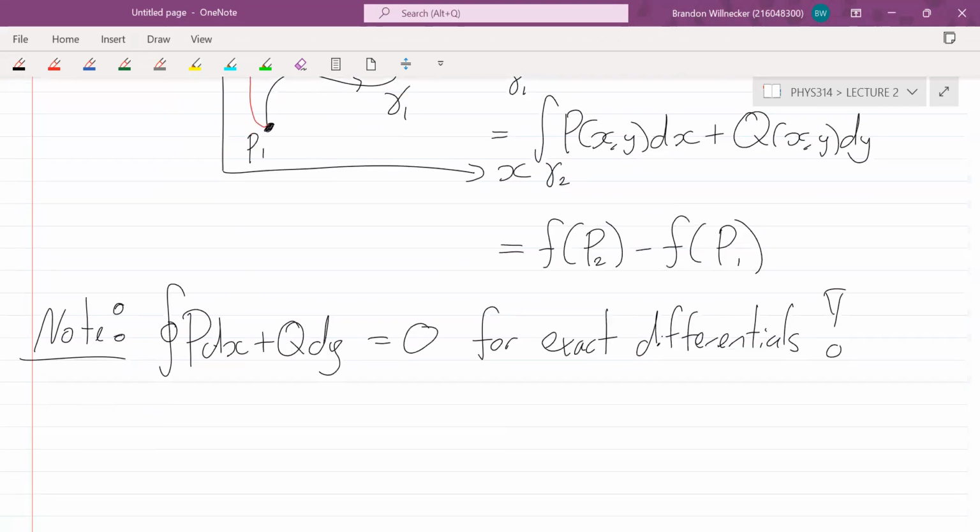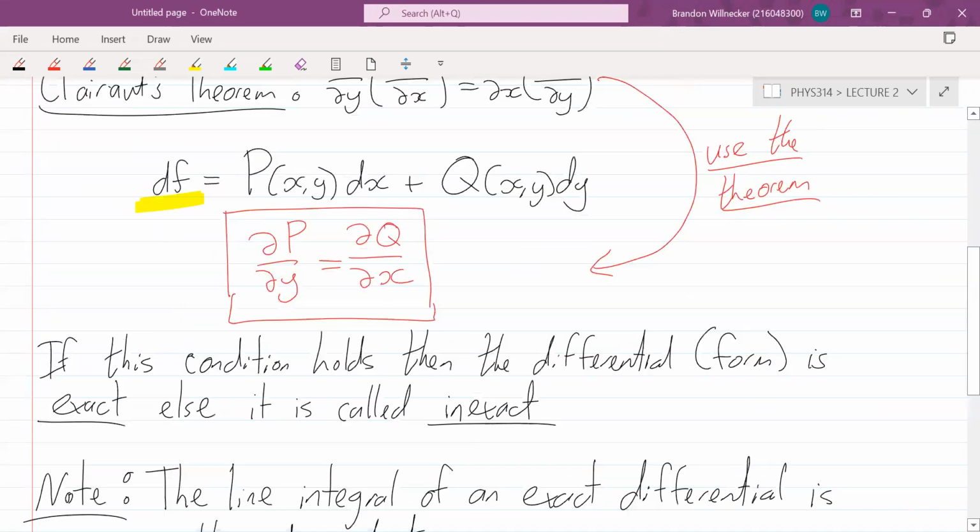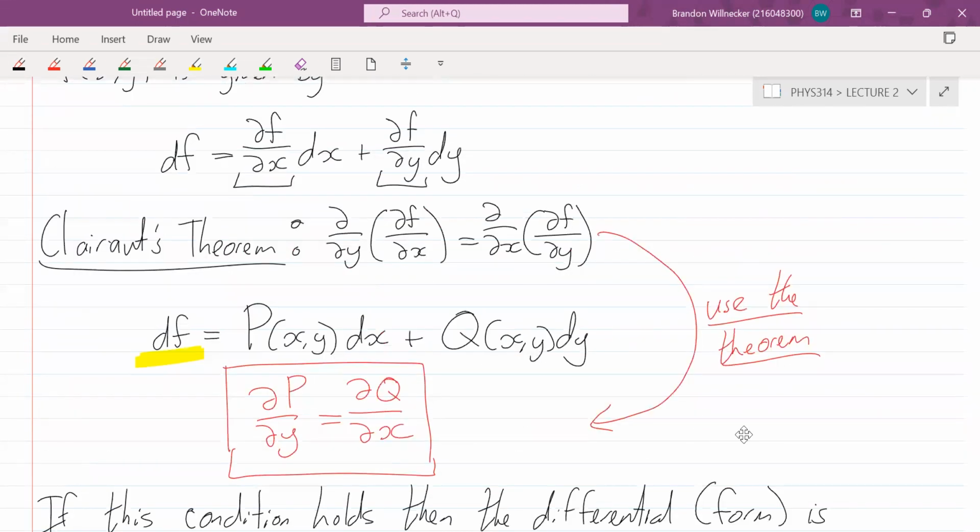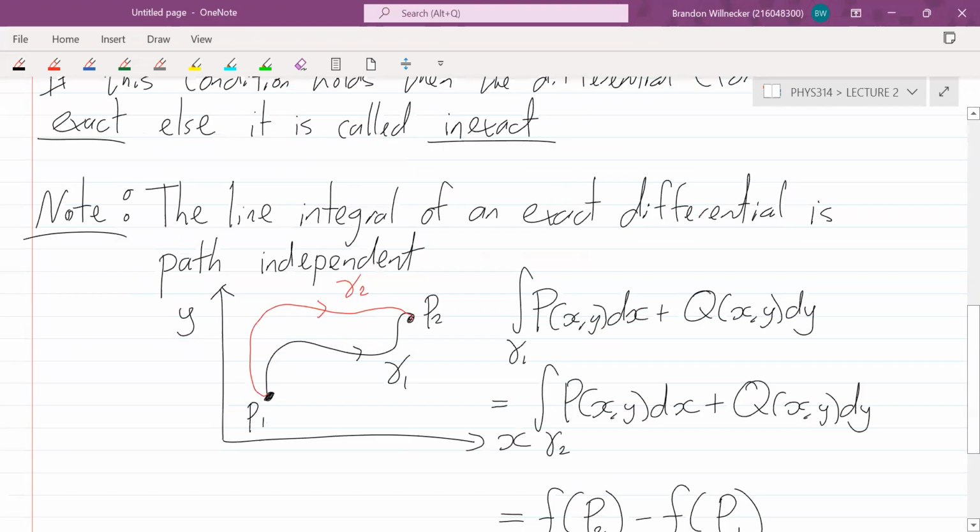So what you would need to do is, if we know this is exact, then it must be of the form df. There must exist some function f that can give you this.